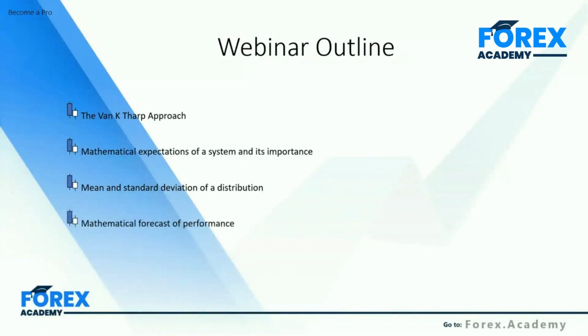We'll look at mathematical forecast of performance, a method of system evaluation. Again, we have some primary methods of evaluation, whether you'd like to journal your trading and develop that into a system, whether perhaps you'd like to journal over a long period of time your trading strategy as opposed to your risk-reward approach.